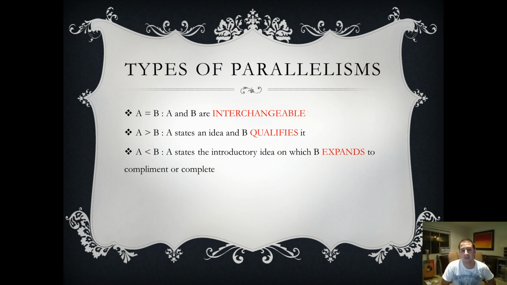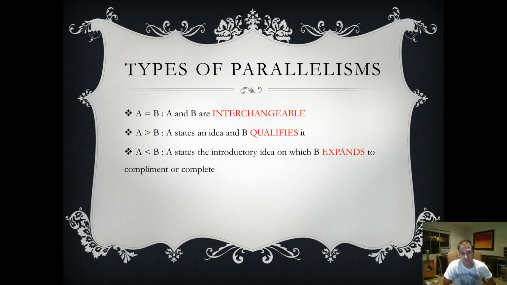The second type of parallel is A states an idea and B qualifies it. So they're not interchangeable, they're not on equal footing. The first statement says something, and then the second statement qualifies it. So it either says when or why or for what purpose. Somehow it qualifies the statement begun in A, or in the first line.